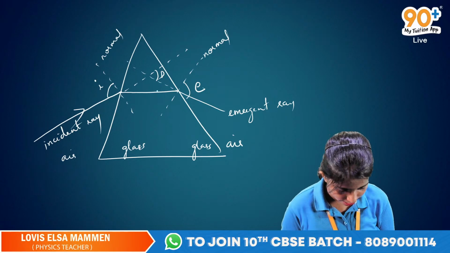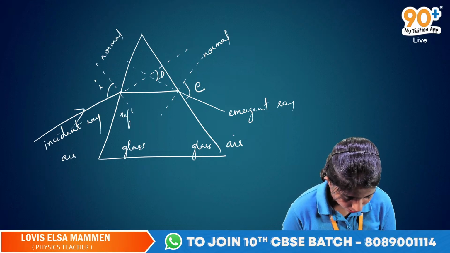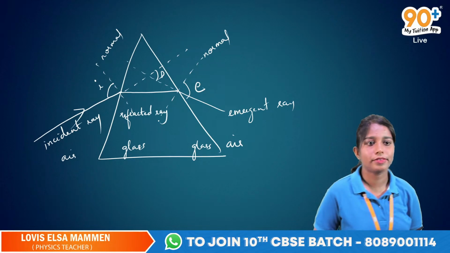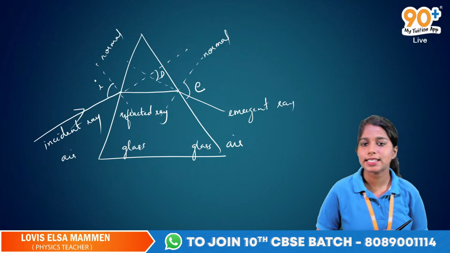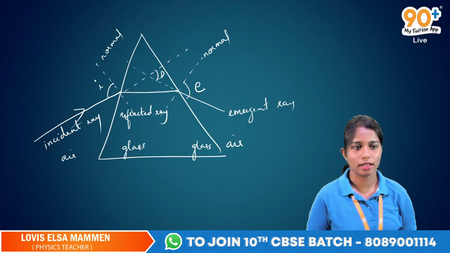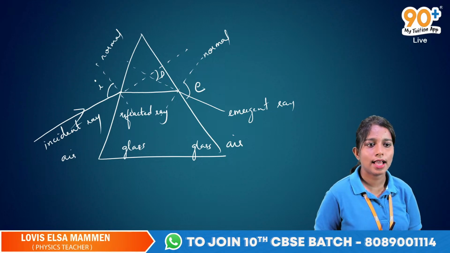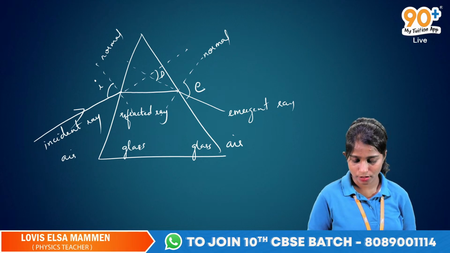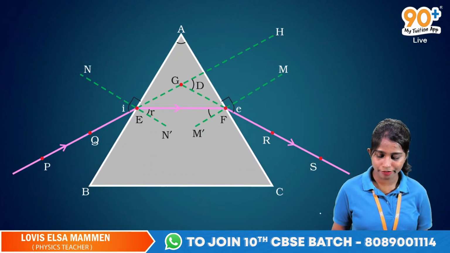And this ray going through the middle, what can we call it? Refracted ray. So there is incident ray, there is refracted ray, there is emergent ray. Angle of incidence is there, angle of emergence is there. So this is the figure of it.